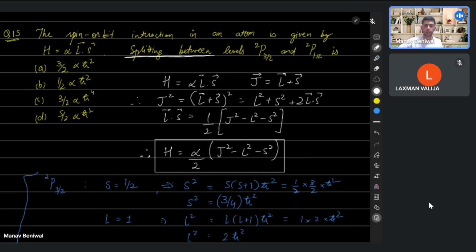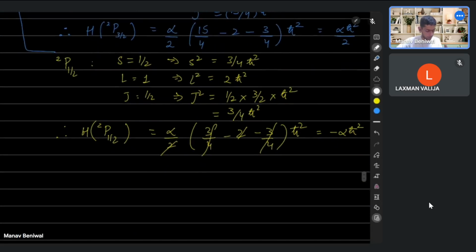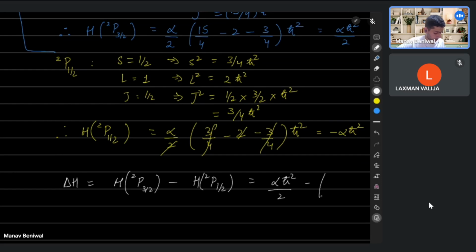So we want the difference of energies, delta H. So our delta H will be H of 2p 3/2 minus H of 2p 1/2, and this value is alpha h cut squared by 2 minus alpha h cut squared.